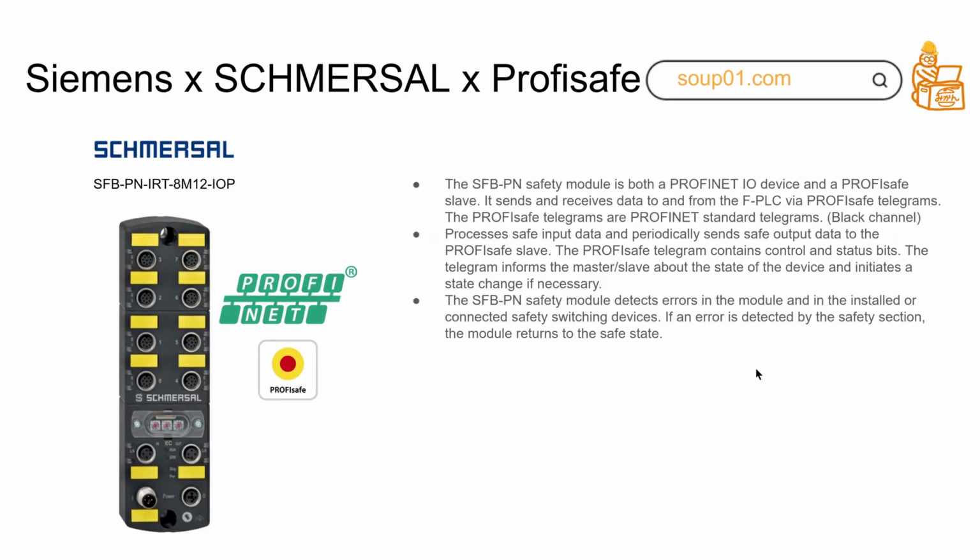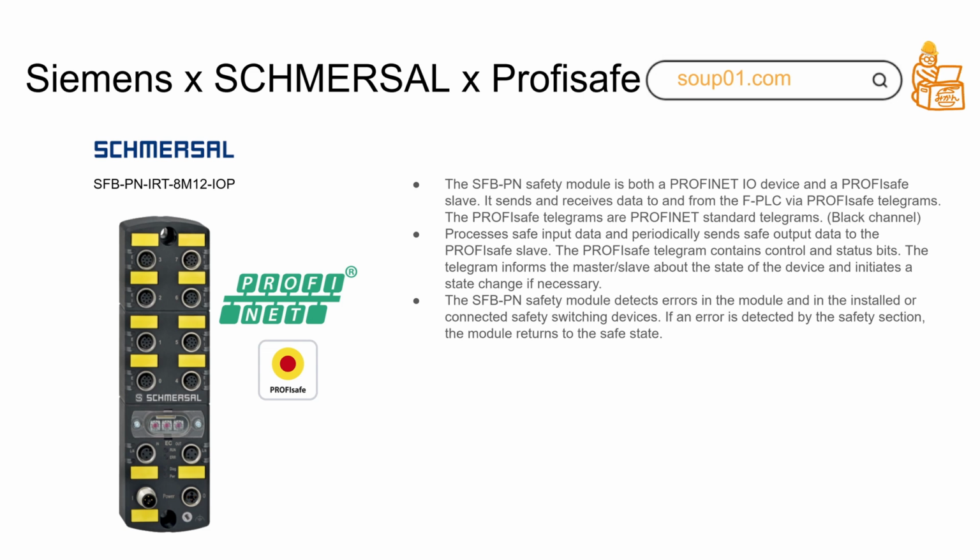Okay, so let me introduce a bit of Profisafe and Profinet this time, because we are using Profinet here. This module is both a Profinet IO device and a Profisafe IO slave. So you will send and receive data with the F-PLC using Profisafe telegrams. In this tutorial, we will use Siemens.